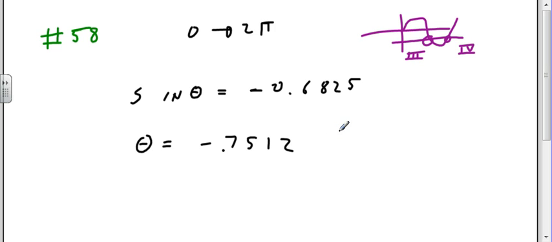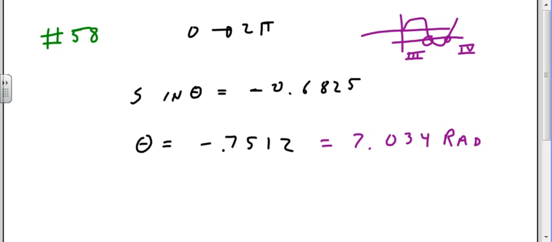I'm going to change this to 2 times pi minus the answer. I was using the negative key that time in case anybody was wondering. So this is 7.034 radians.